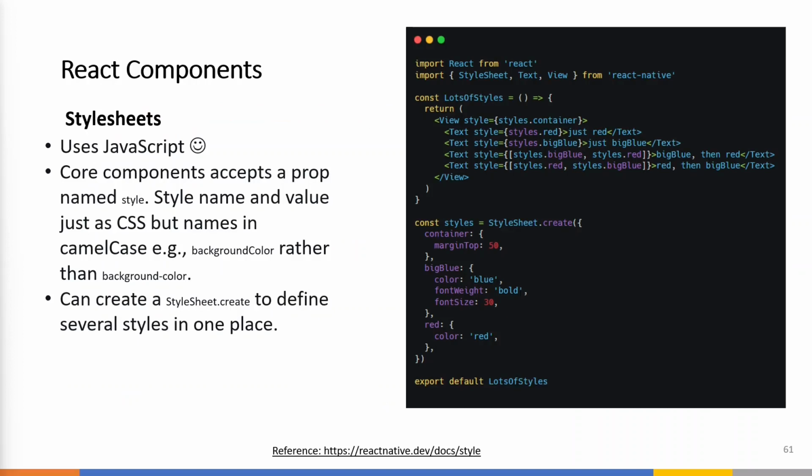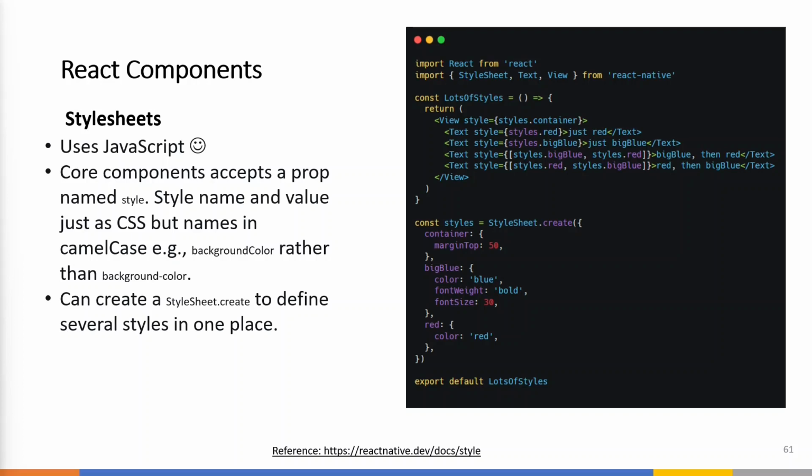So lastly, we could look at styling in React Native. In React Native, you can style your application using JavaScript, with the core components that we saw accepting a prop named style. The style names and values usually match how CSS works on the web, except that here we have to use camel casing, as shown in the example.